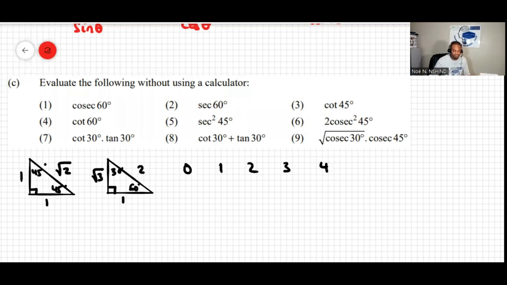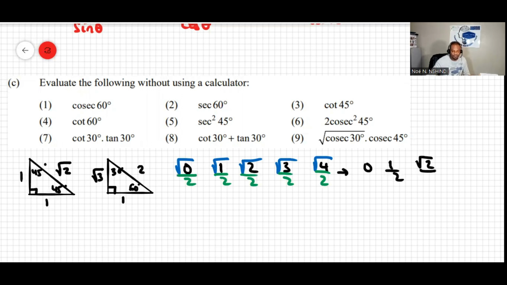Now we're going to square root all these values, and then we are going to divide all this by 2. And then it gives us values like 0.5, root 2 over 2, root 3 over 2, and then 1. So those are the values of the special angles.